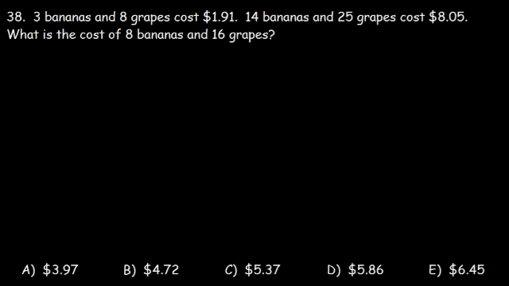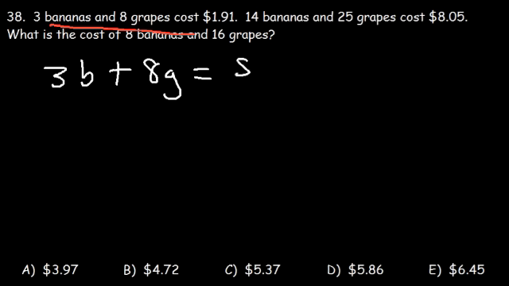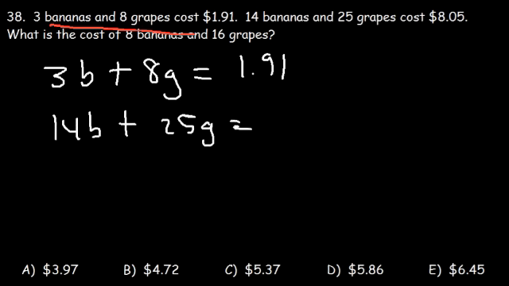So let's start with the first sentence. 3 bananas, or 3 times B, plus 8 grapes, 8 times G, is equal to $1.91. Now for the second equation, 14 bananas and 25 grapes costs $8.05. So these are the two equations.